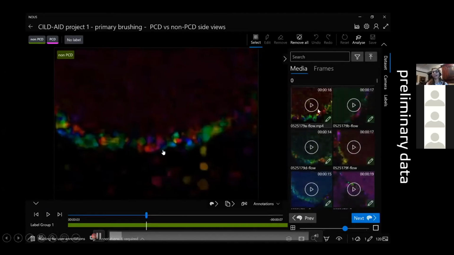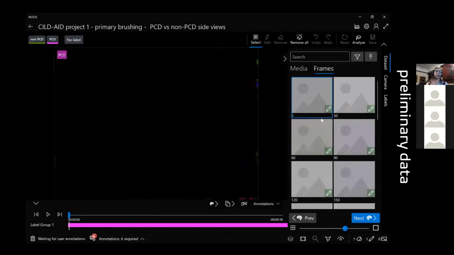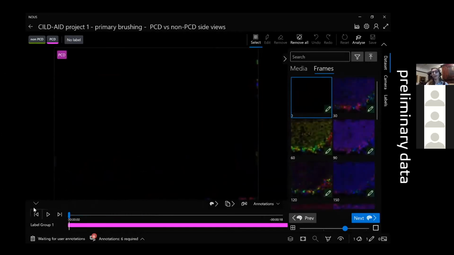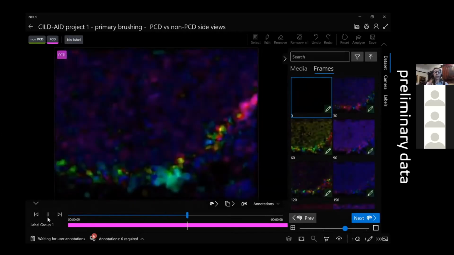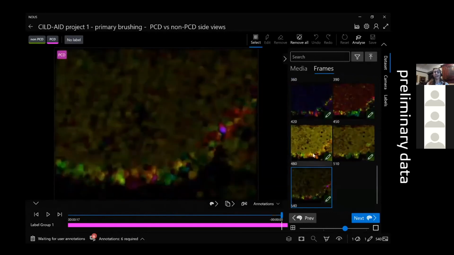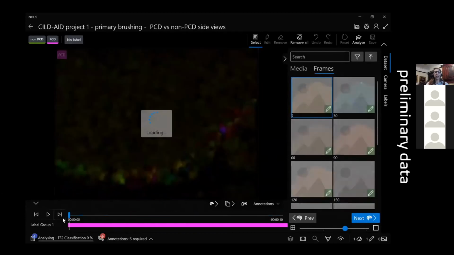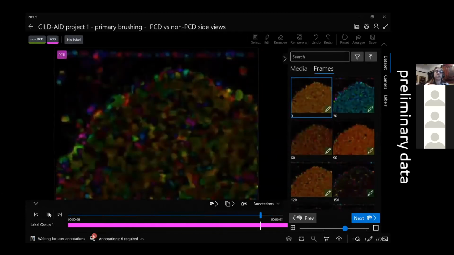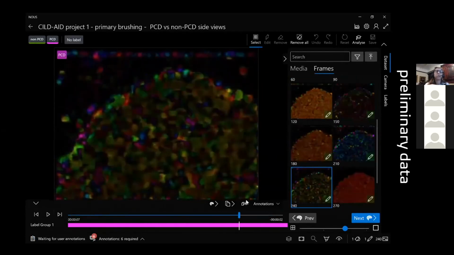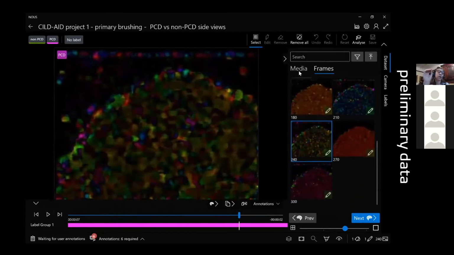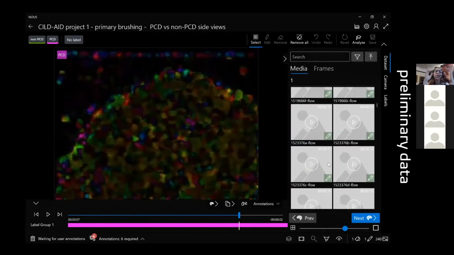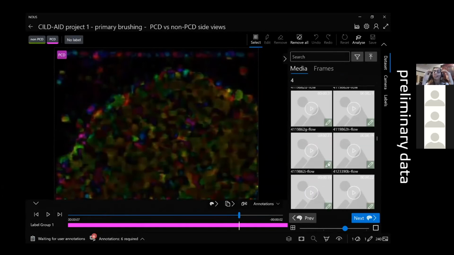Okay, so this is how it looks so far, very preliminary. Same setup as you can see, but now we have video. We click on the video and it immediately opens all the frames of the video. We can play it. This video was classified as PCD, as was the next one. I want to call your attention to the fact that we have a big block of color, but we don't see any specific movement, like wavy movement or organized colors.